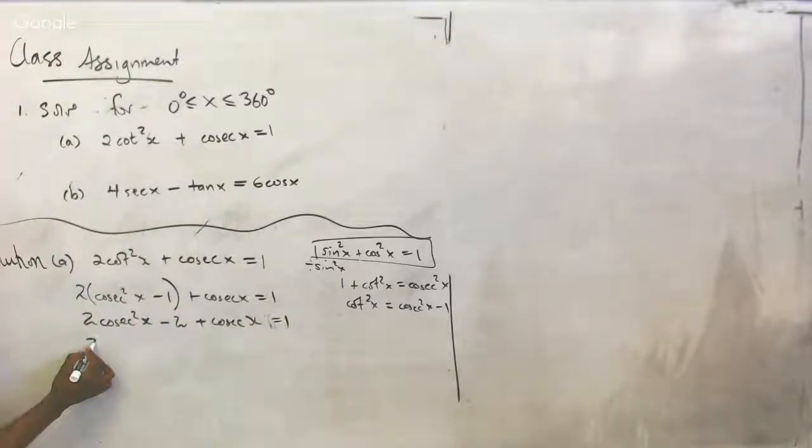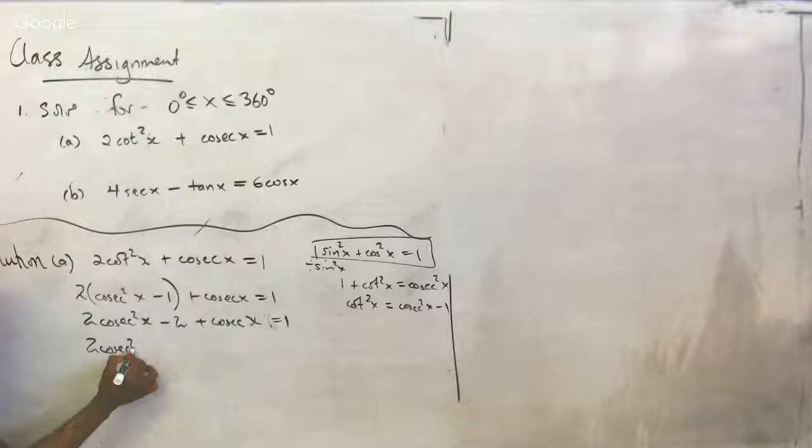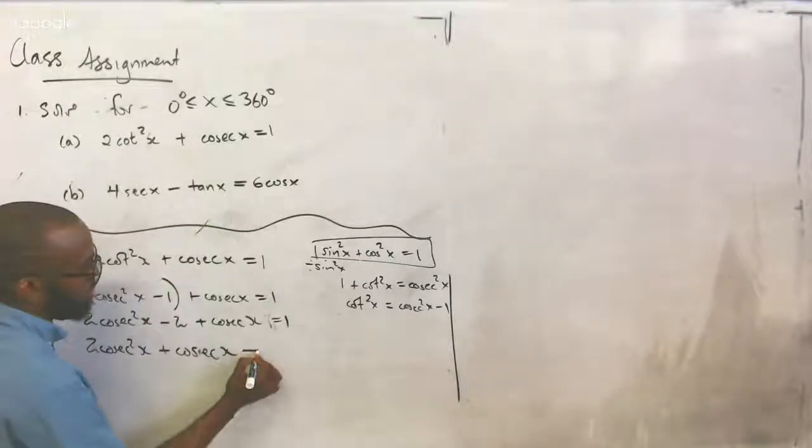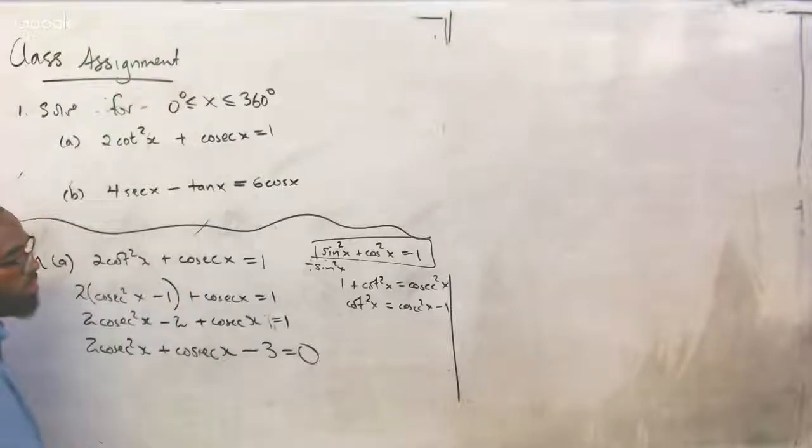Bring everything to one side. But in reducing powers, I want to put the cosecant of x here, and then I put the minus 3 here. Do you agree with that? Because the one comes over as a negative, right?